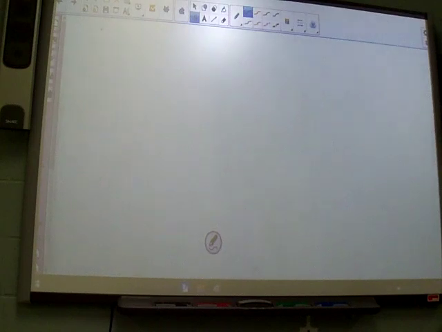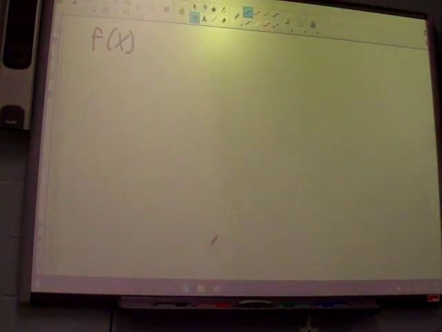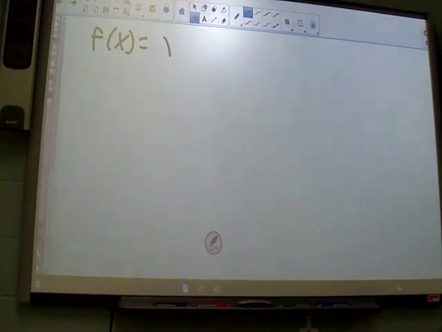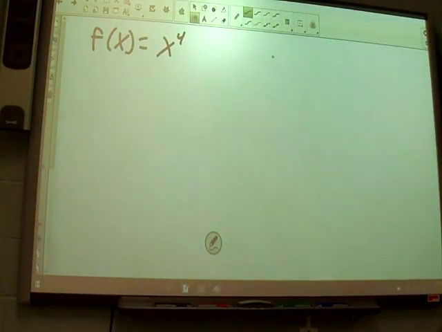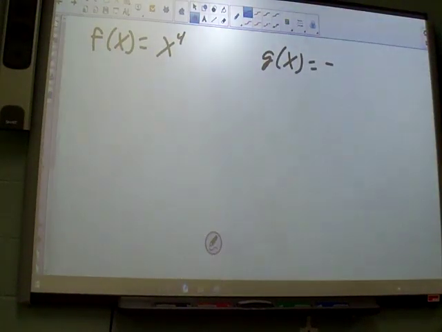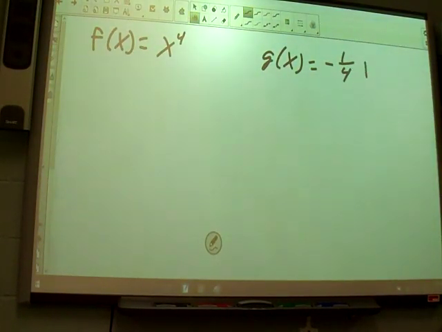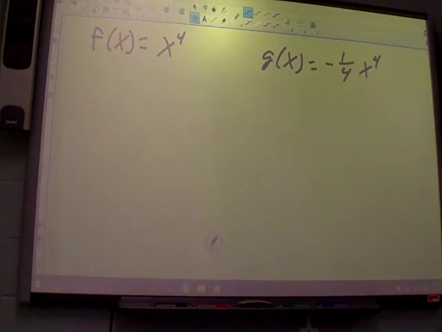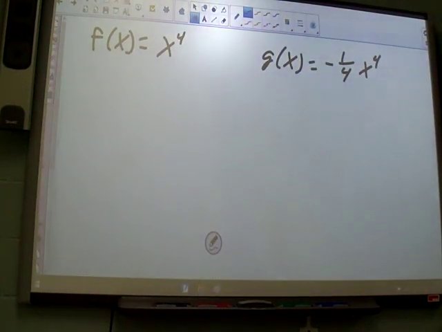All right, this one starts us off here with f of x is equal to x to the 4th. And then I've got g of x is equal to negative 1/4 x to the 4th. Okay, so same question.